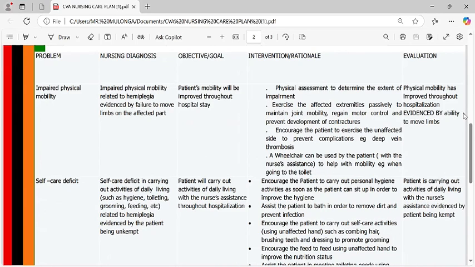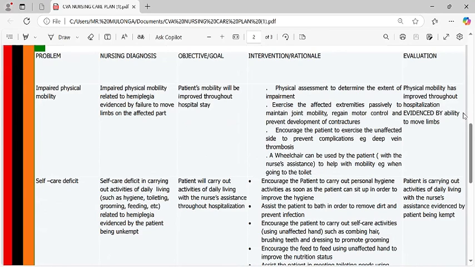And the first thing that we can do is just provide this wheelchair so that the patient can use it to move about. So those are the 4 interventions that we have under impaired physical mobility.